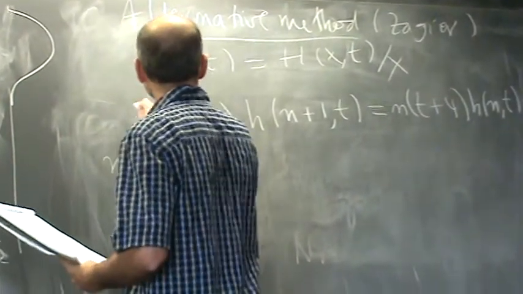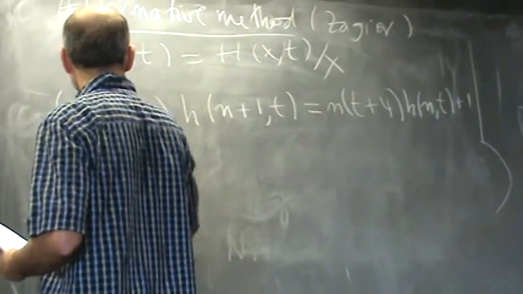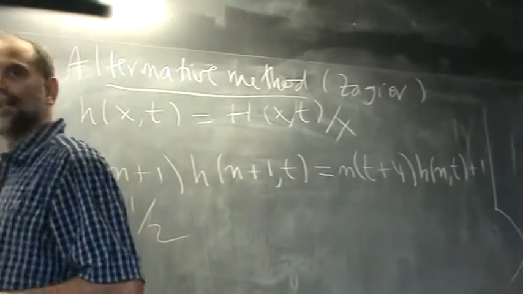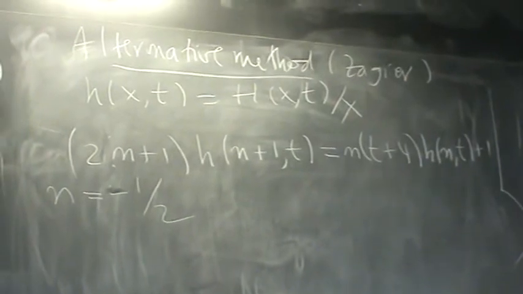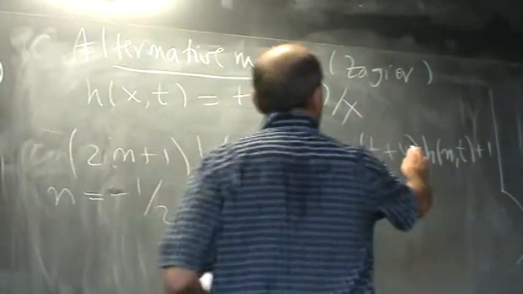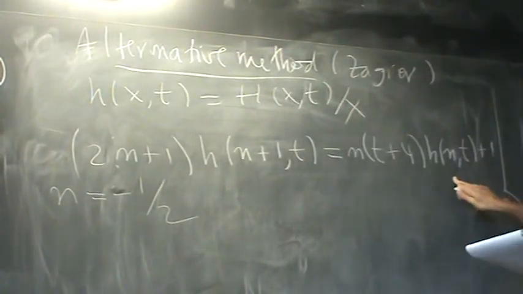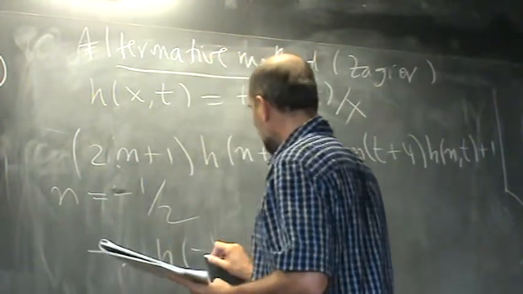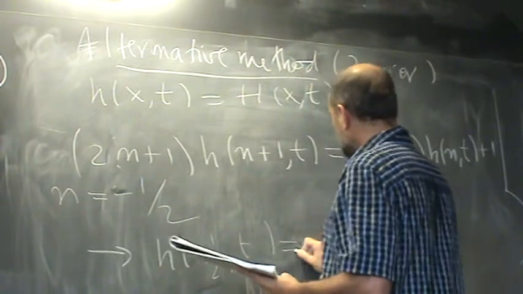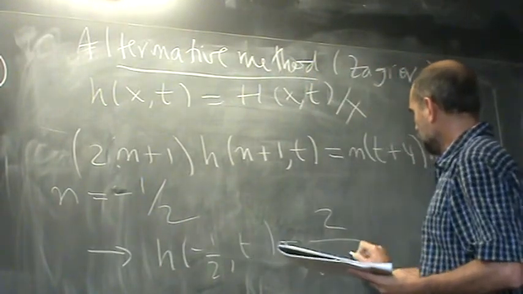So if you set n to be -1/2, then the left-hand side vanishes, and you can compute h of -1/2. Deduce it from here. And this gives us that h of -1/2 of t is equal to 2 over t plus 4.